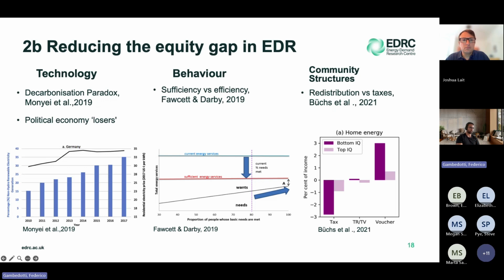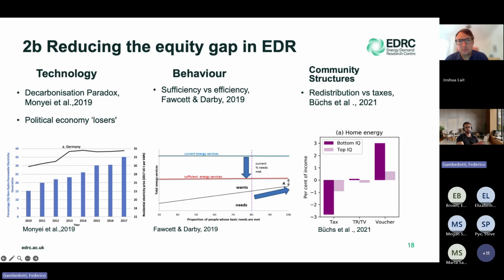But if we look at the last example, which is again Bucks et al., but a different study, 2021, what they did is they looked at different schemes to move people away from car consumption towards public transport. And they looked at 3 possible options: taxing car consumption, then having a tax rebate, or giving vouchers to the people using public transport.